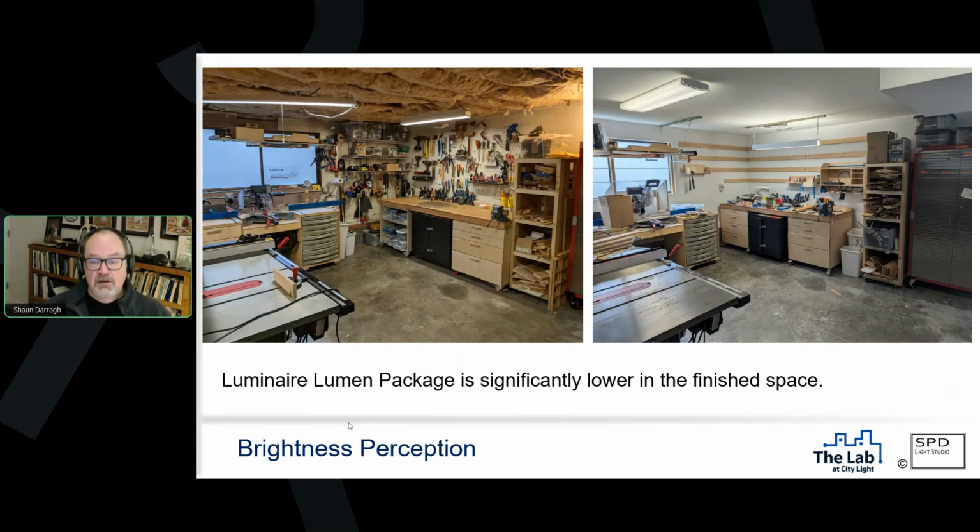It's the same space, it's the same time of day, right? I tried to take these photos at similar times. My wall system is sort of partly done. But look at how different the perception is based on the surface and how light is interacting with that surface, right? The surfaces matter.